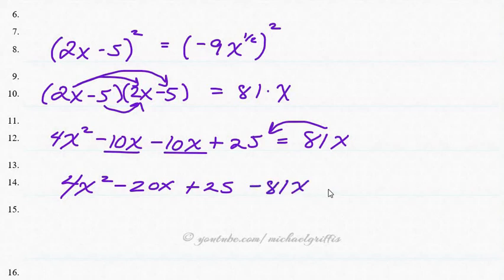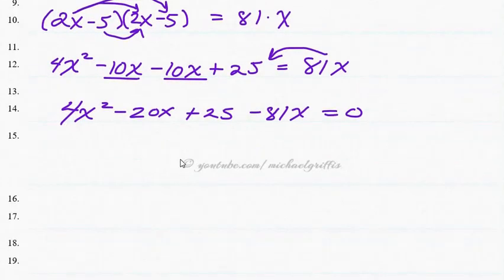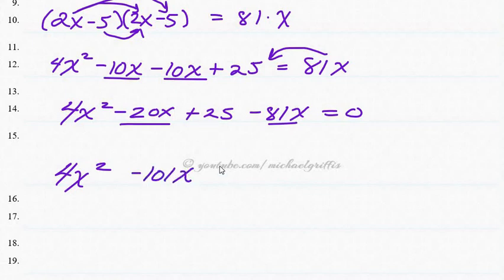Think about it that way. Okay, we can still reduce this down because we got more like terms. Alright, so we're going to have 4x squared. Okay, we got minus 20x minus 81, so that's going to be 20 and 80 is 101, minus 101x. Alright, plus 25. So we got it in that standard form.